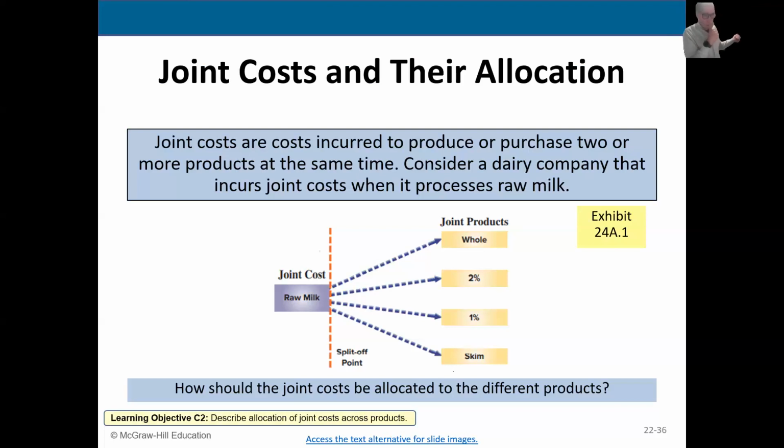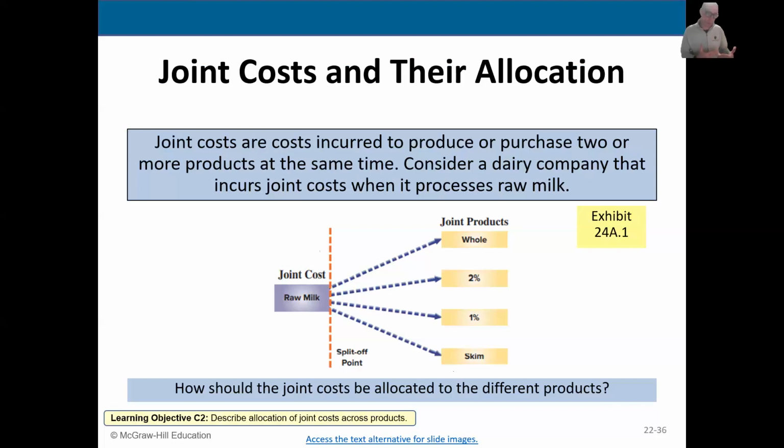I also showed you in a previous chapter how joint costs work when it comes to one product sharing costs. Okay. Joint costs are costs that are incurred to produce or purchase two or more products at the same time. Here we have an example of a dairy company that incurs joint costs when it processes raw milk.